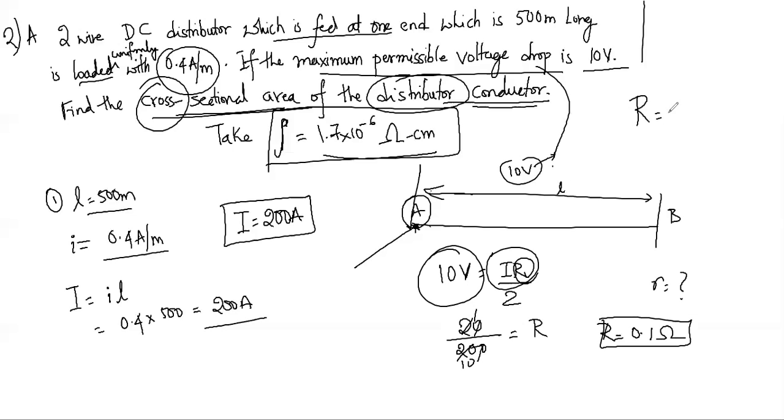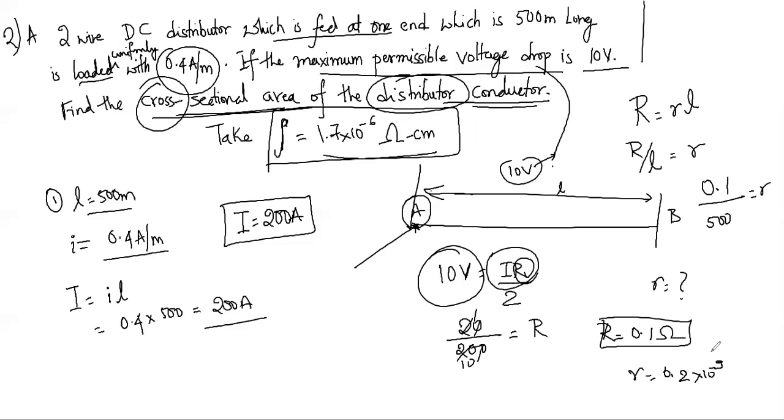So capital R will be equal to small r into L, so R by L will be equal to small r. Capital R is 0.1 divided by 500, that is equal to small r. So 0.1 divided by 500, you will get 0.2 into 10 power minus 3.